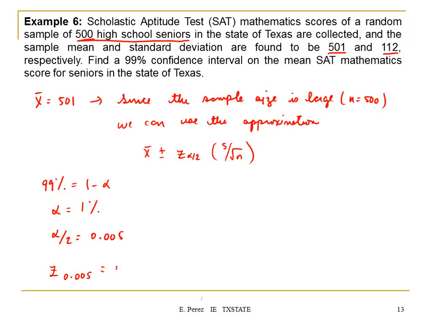It is 2.575. So now you have all the information you need to compute the confidence interval. This is 501 plus minus 2.575 times 112 divided by the square root of n, which is 500.